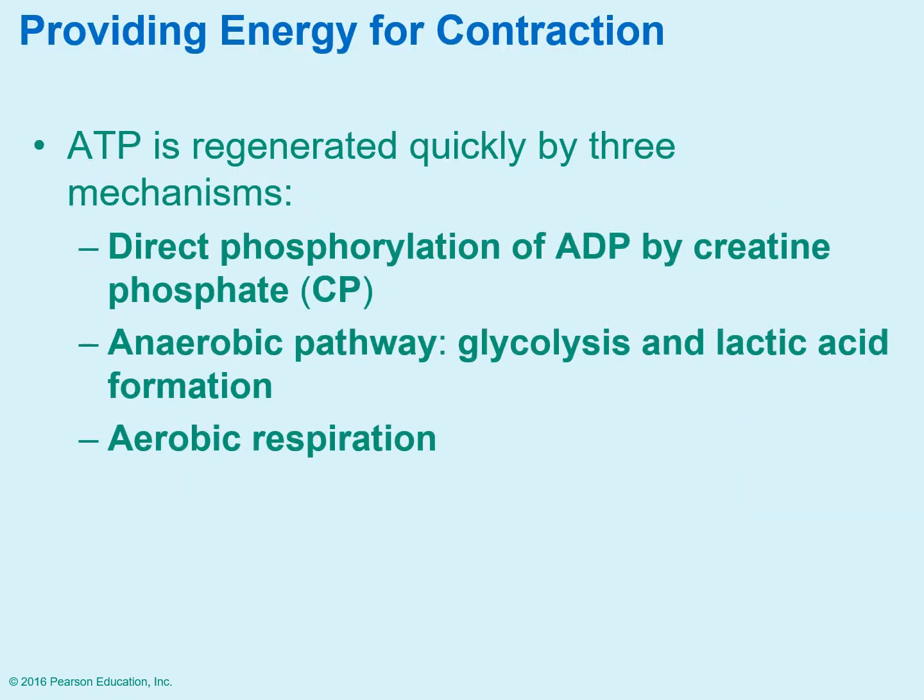There are several different pathways, and these are the 3 most common. You can get more ATP from breaking down creatine phosphate. You can get some ATP from anaerobic pathways, and then finally from aerobic respiration. Anaerobic means without oxygen, aerobic is with oxygen.